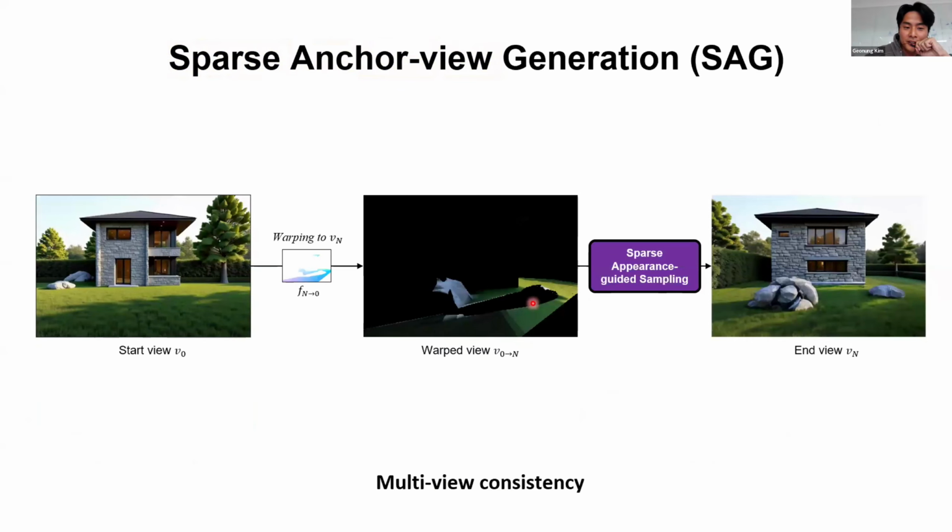Actually, as you can see, this guidance has very sparse information. So sometimes the image diffusion model can generate something different.